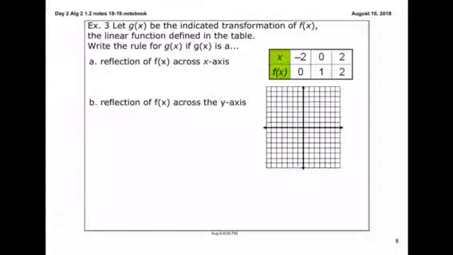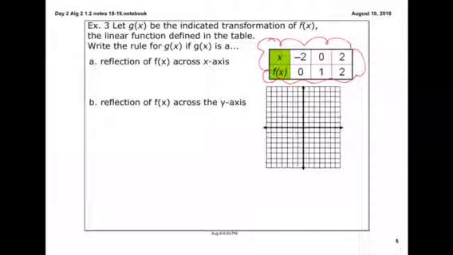Example number 3 says, let g of x be the indicated transformation of f of x, the linear function defined in the table. Write the rule for g of x if g of x is a reflection of f of x across the x-axis, and then it wants us to do a reflection of f of x across the y-axis. I am going to use red to represent our f of x function.